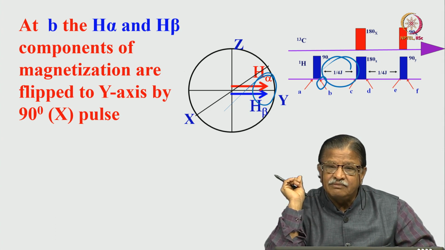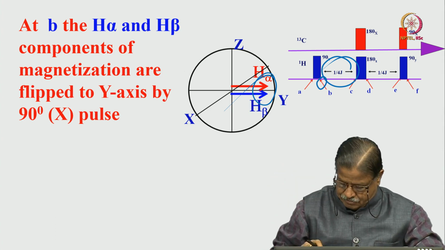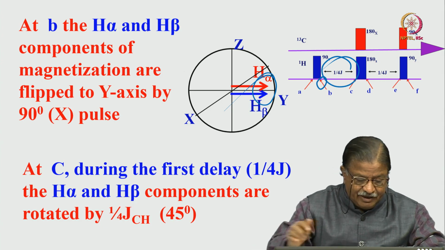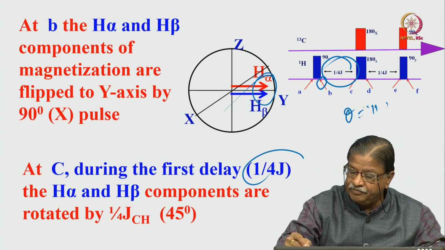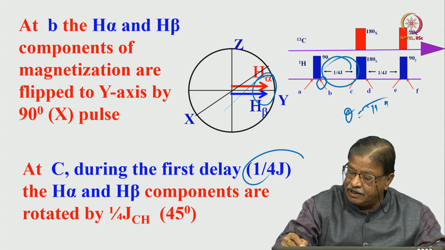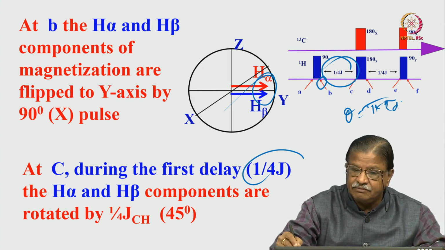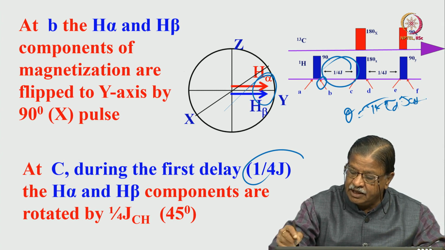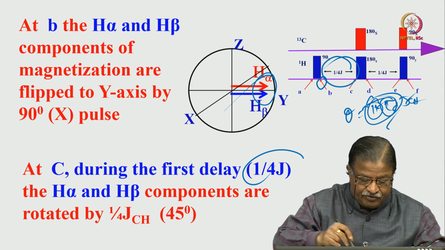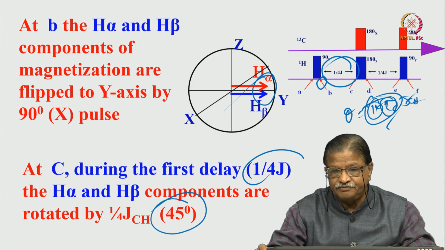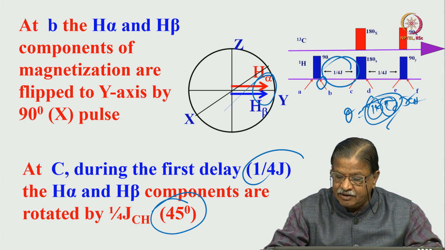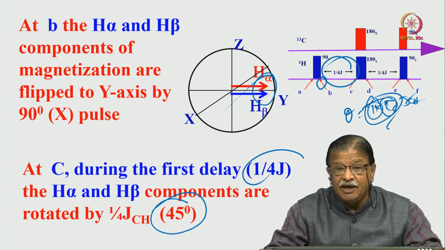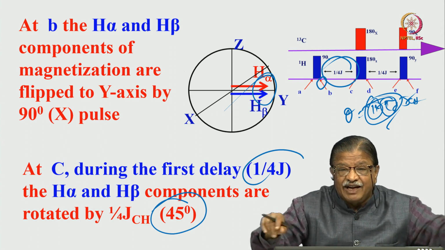What is pi by 4? 45 degrees. So at C you use that equation, theta is equal to pi into Td into JCH. Td is 1 over 4J, J and J cancel out, it is 1 over 4. So pi by 4, it is 45 degrees. The alpha and beta components at point C will have moved by 45 degrees.